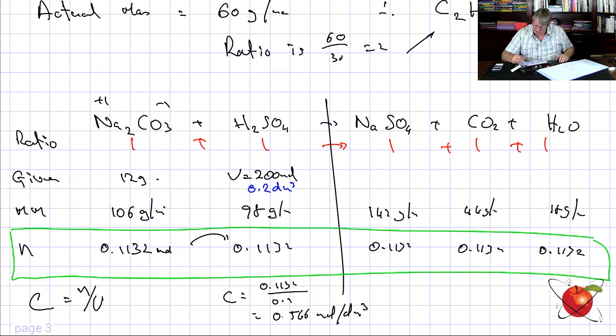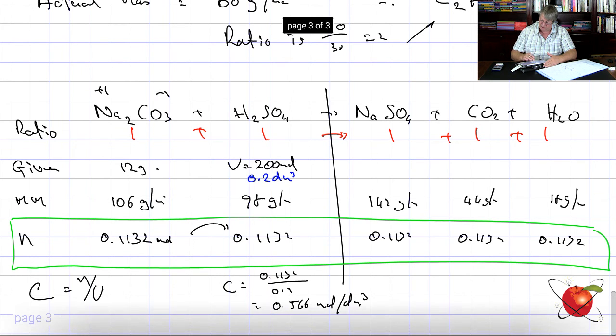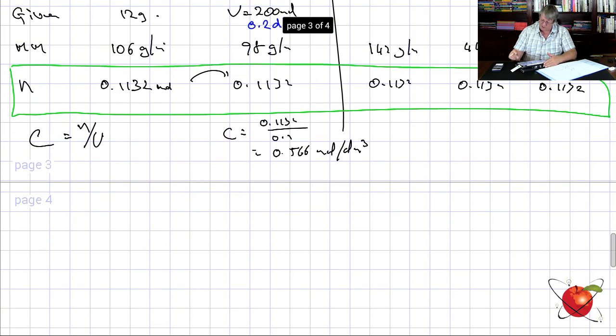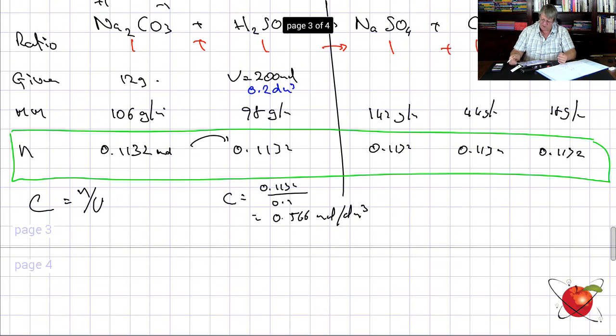Then the next question is, they say, the amount of any gas given off in grams and the volume at STP. They were leading us to look at the CO2 over here. So first of all, how do we work out the mass of CO2? We've got the table, so we can work out the mass.